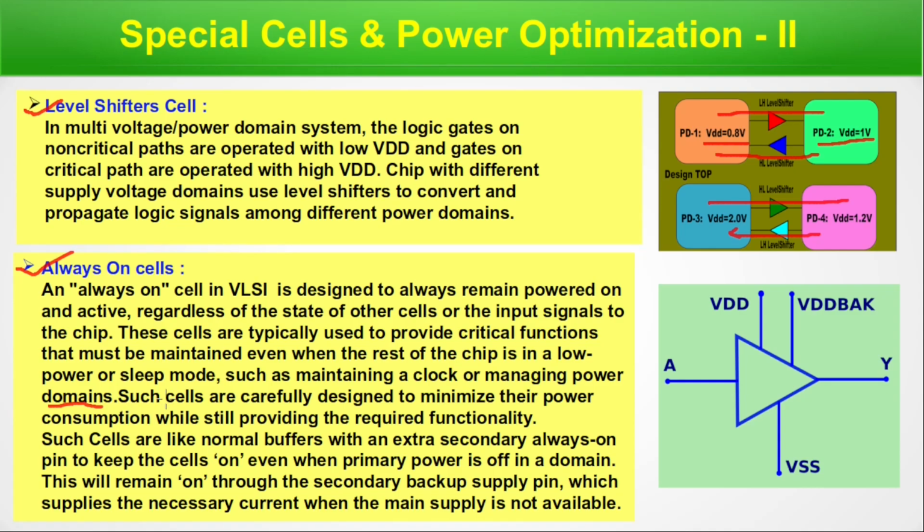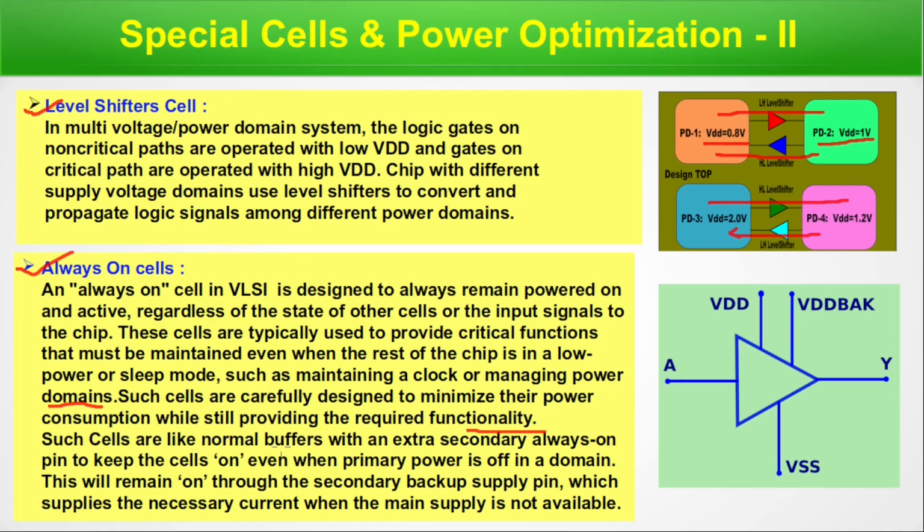So always on cells are used there. Such cells are carefully designed to minimize their power consumption while still providing the required functionality. Such cells are like normal buffers with an extra secondary always on pin. It's like an ordinary buffer, although another pin is there that gives power always.